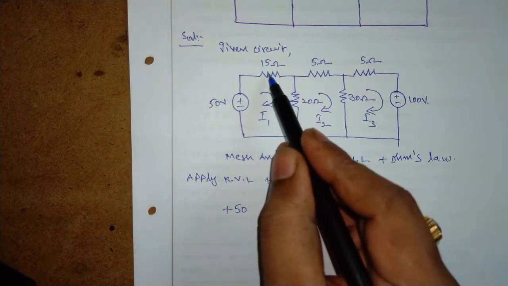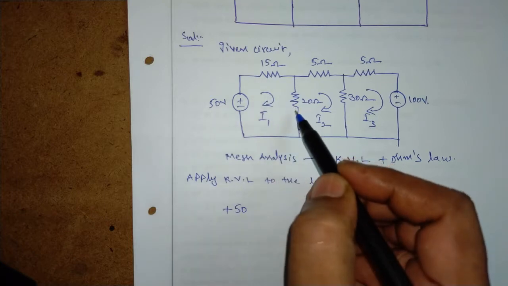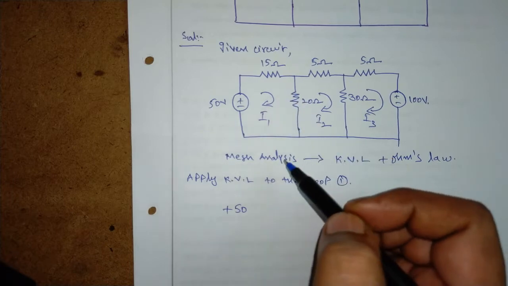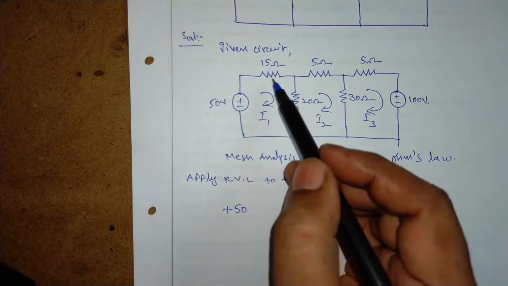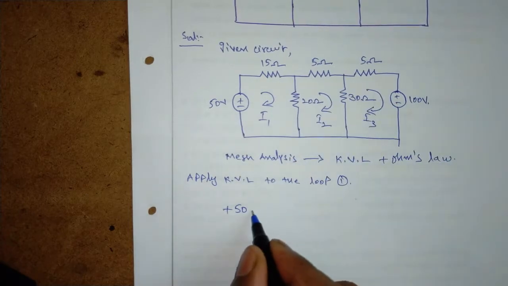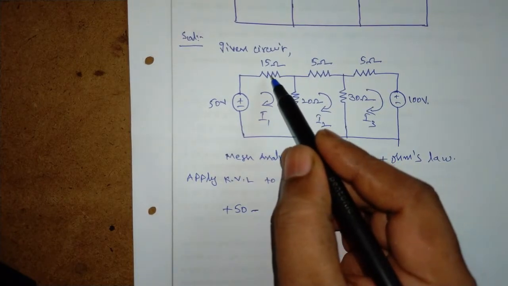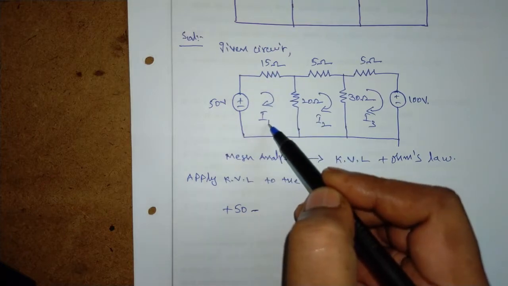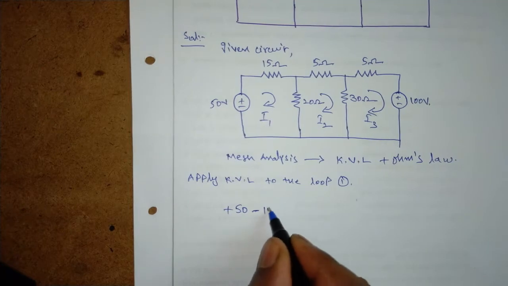Next, here we have 15 ohms resistor and 20 ohms resistor. While writing the mesh analysis we consider resistance as a drop. Then we put minus, voltage across this resistor is nothing but 15 into current passing through, that is I1, that is 15 I1.